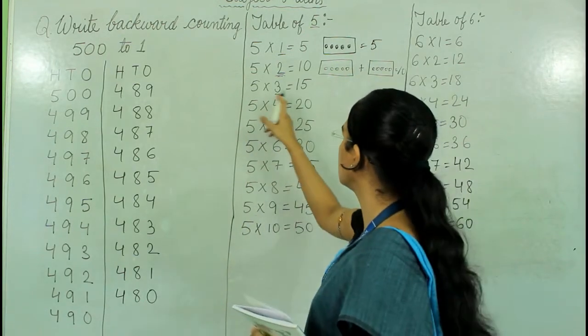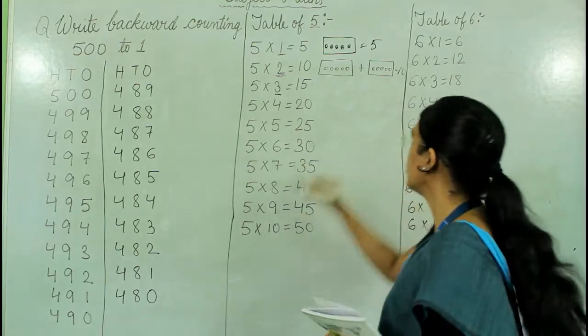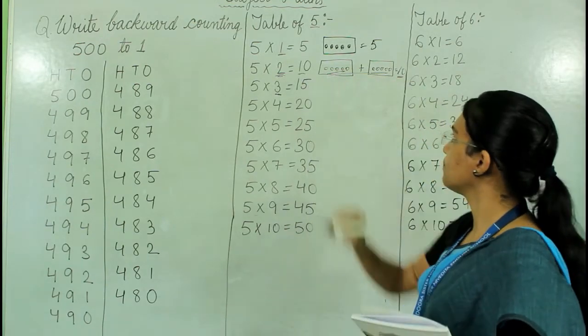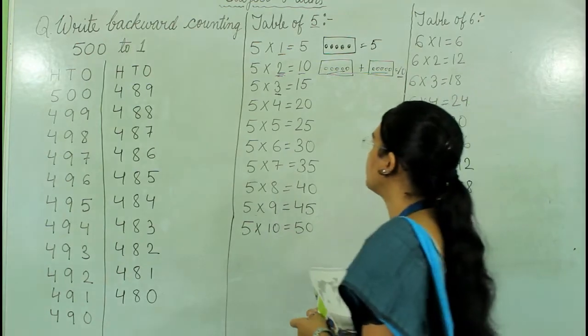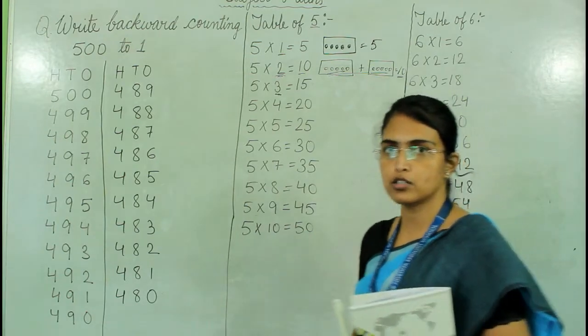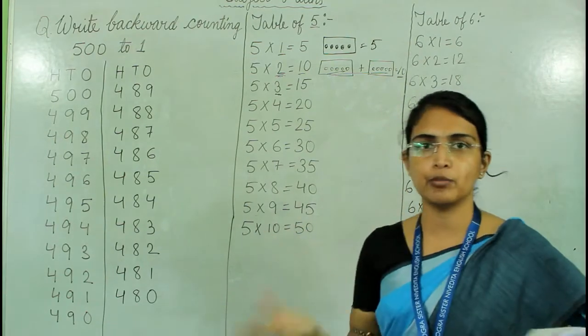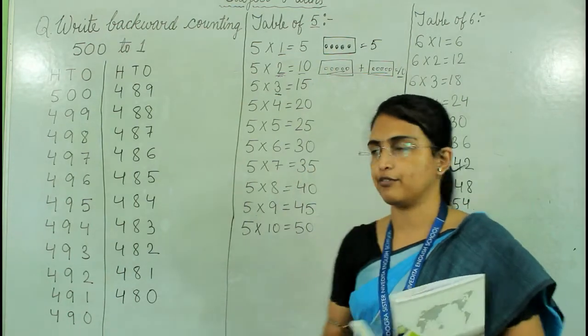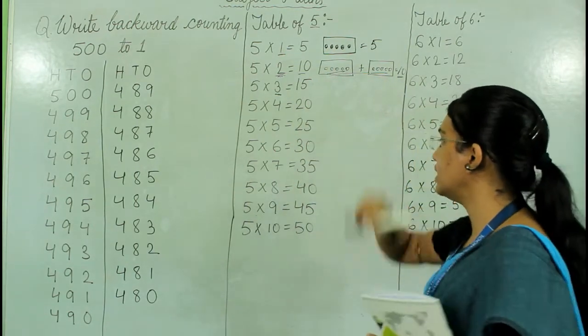That means 5 threes are 15. When you add these balls, you will get the answer. Then 5 fours: 4 boxes, and each box has 5 balls, because we are doing the table of 5. So 5 fours are 20.